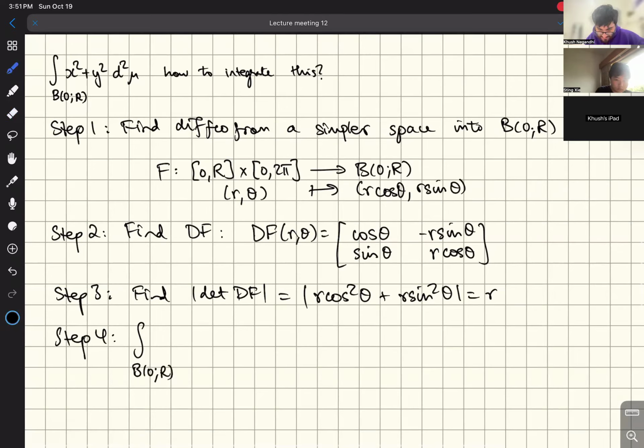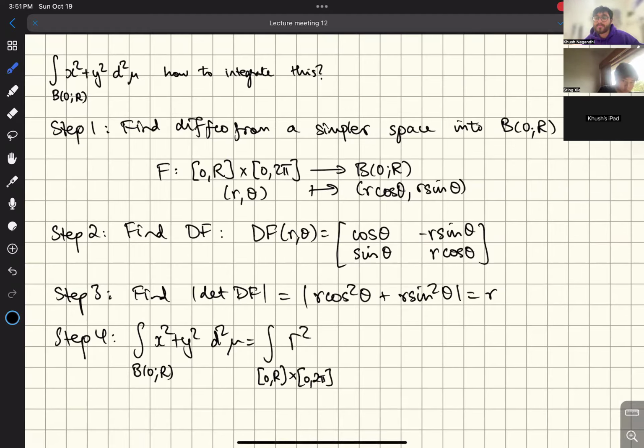Step four is that the integral over this disk of x squared plus y squared, we want to write in terms of the integral over this rectangle. Now we can see very clearly that x squared plus y squared is nothing but r squared in polar coordinates.